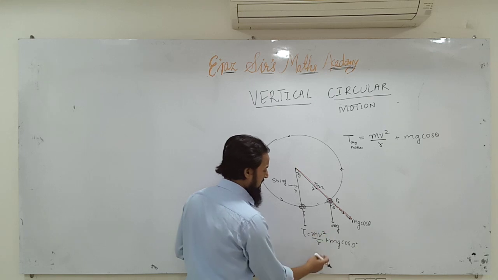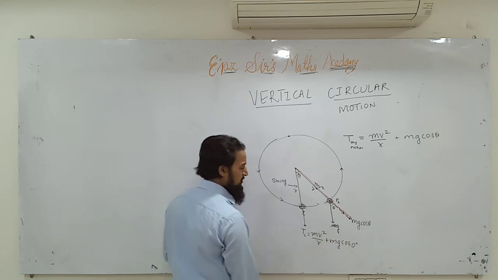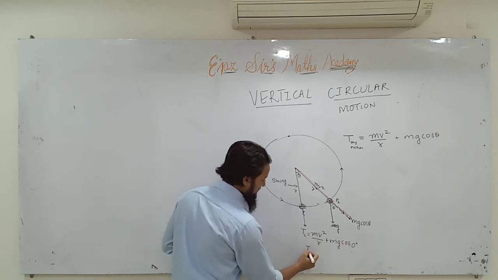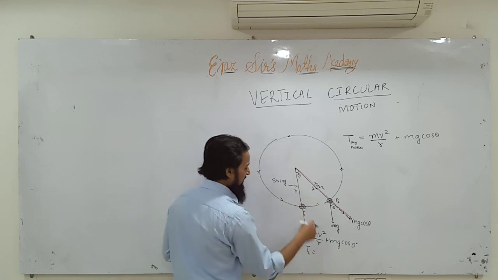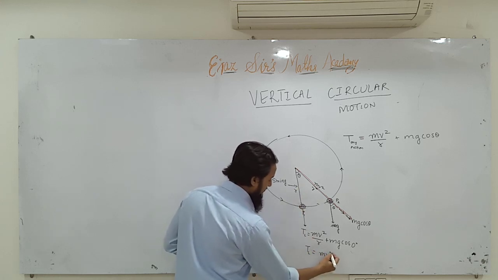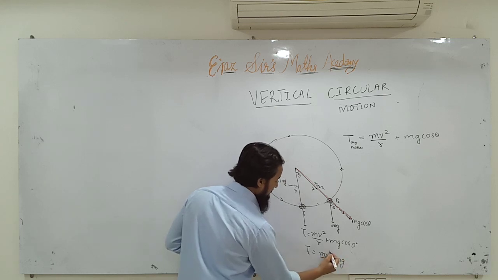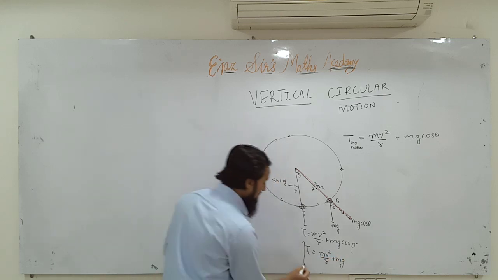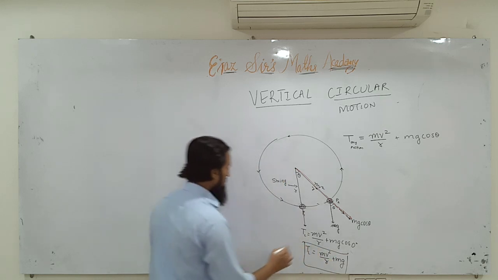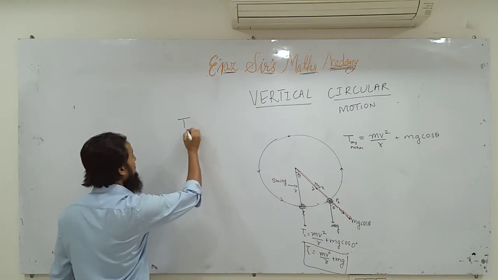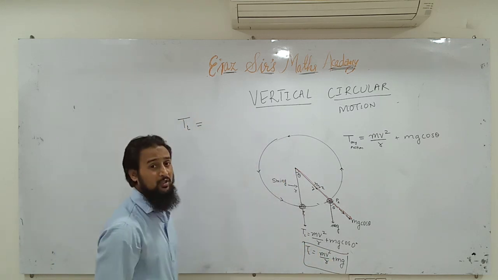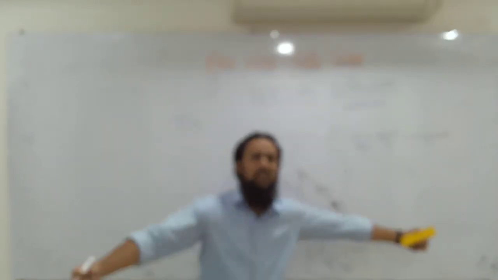So mv square by r plus mg cos 0, and how much is cos 0? 1. So total tension on the string at the lowest position will be mv square by r plus mg. This is the formula for tension in the string at the lowest position. What is tension? Tightness, stretch.